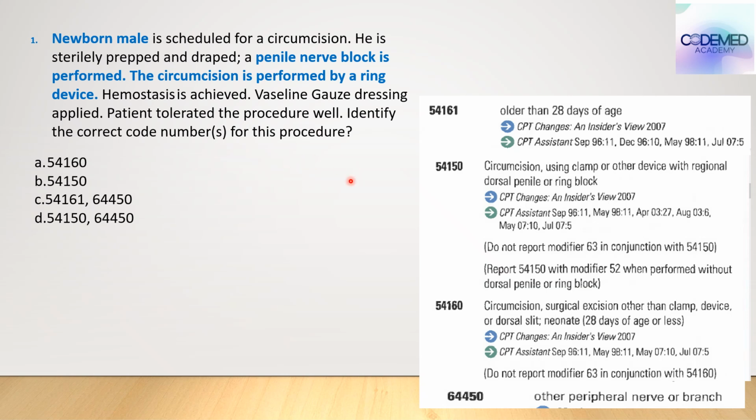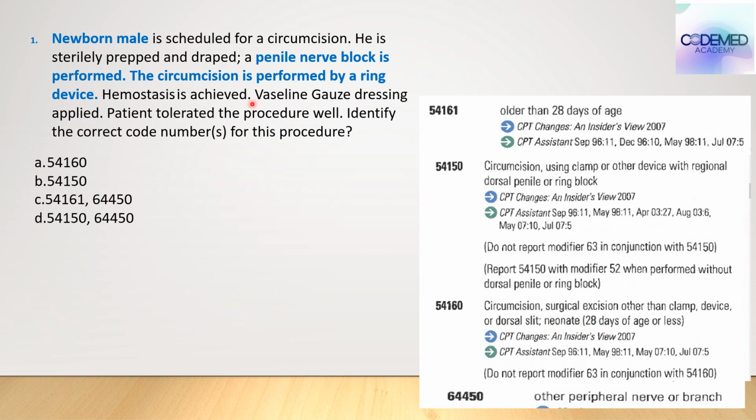So what is happening here? Let us collect our data from the encounter. He is a newborn male, and how did they carry out the circumcision? With the help of a ring device, which is similar to a clamp, and they have given the nerve block. So we have enough data. Now let us zero down the code. We have the code 54160, that is for the circumcision surgical excision.